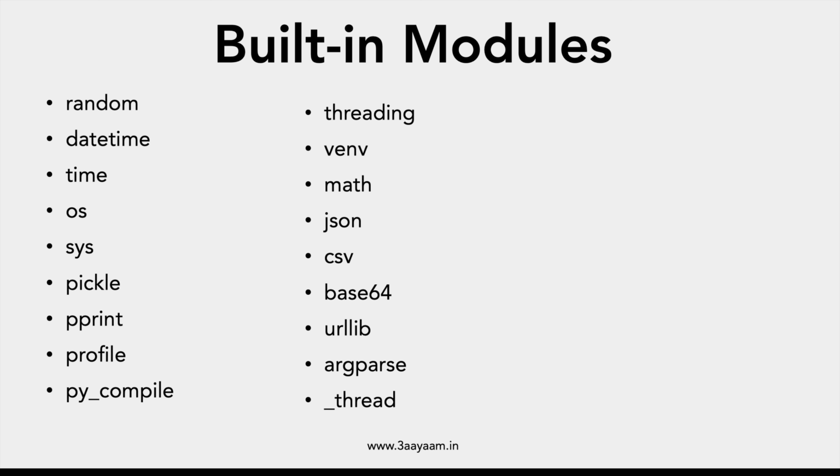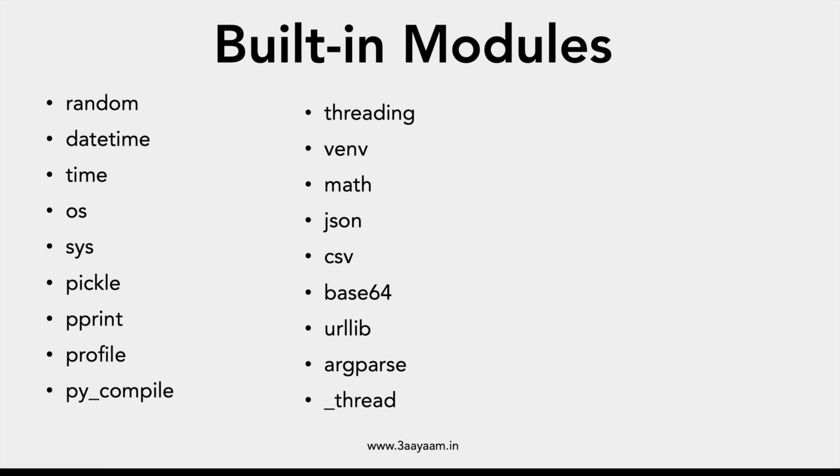Then you have venv, which is basically a virtual environment. We can import this module also. Then there's the math module, which gives a lot of mathematical functions. json is used to read JSON files, and csv is used to read CSV files.